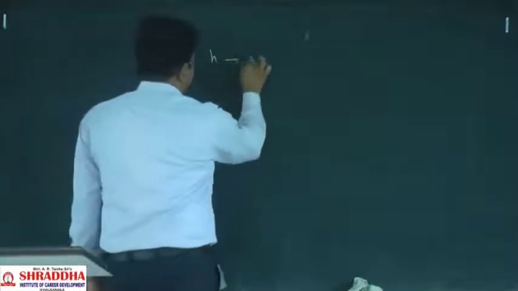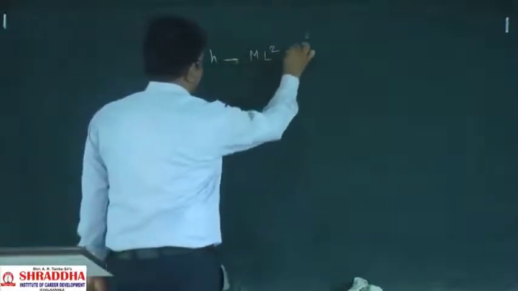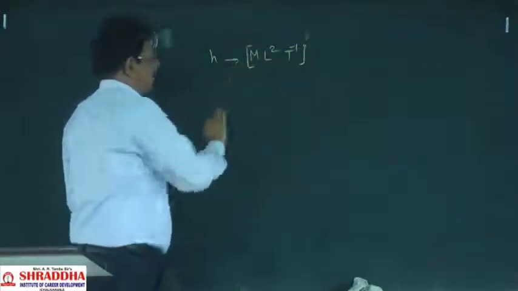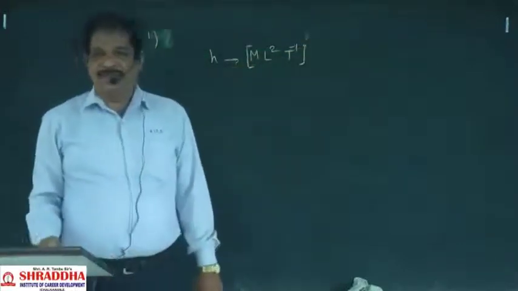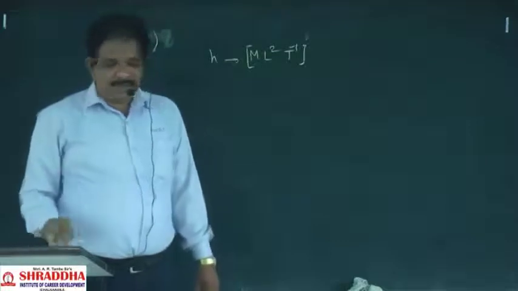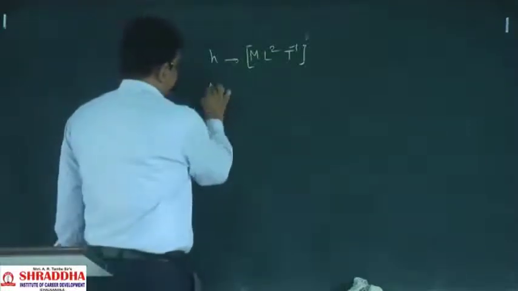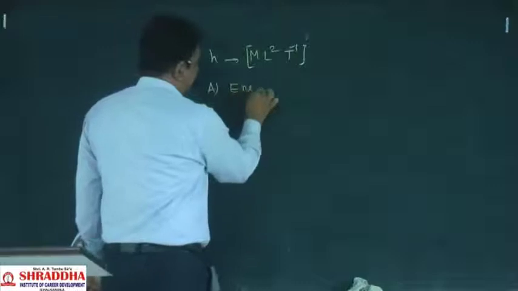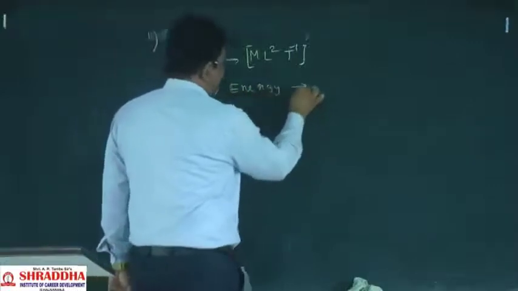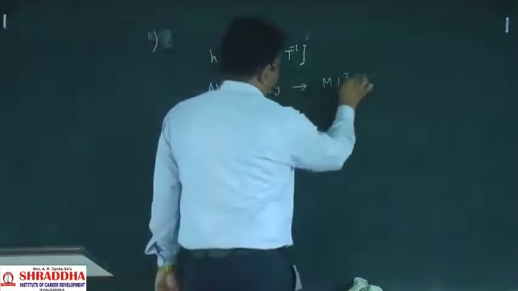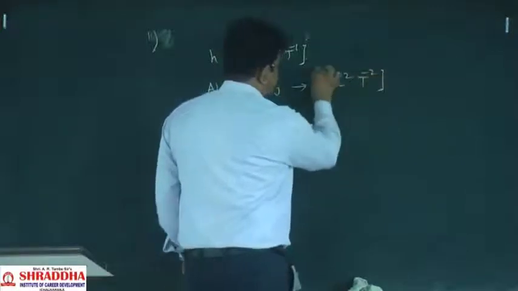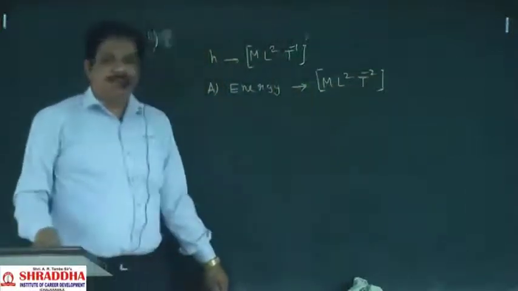Planck's constant dimensional formula mL square T power minus 1. Next, energy dimensional formula mL square T power minus 2.